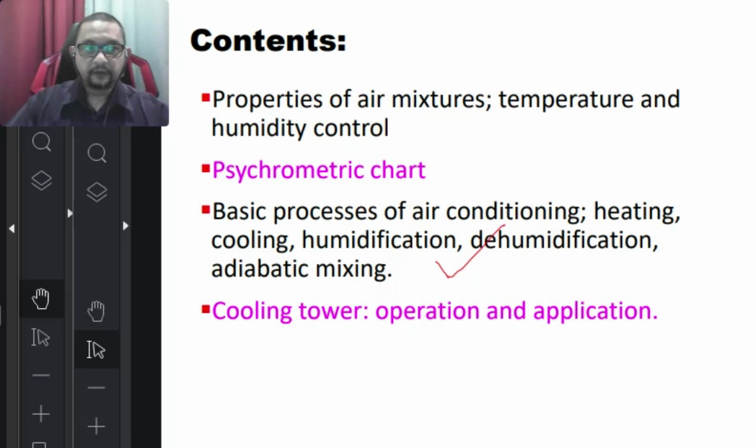The comfort of our human body primarily depends on three factors: the dry bulb temperature, the relative humidity, and also the air motion. Okay, these I have introduced to you earlier in this topic.